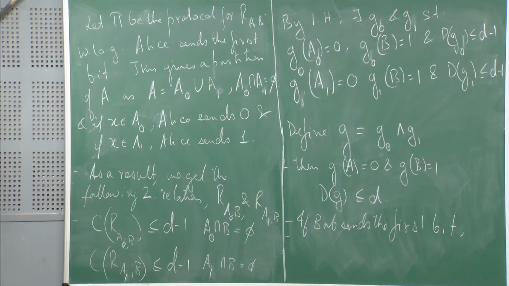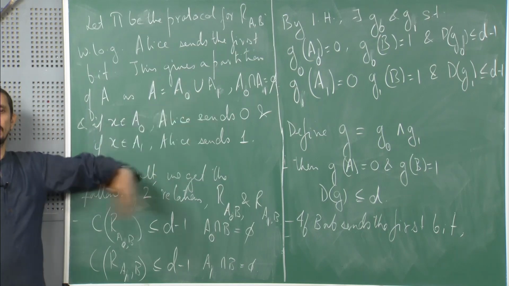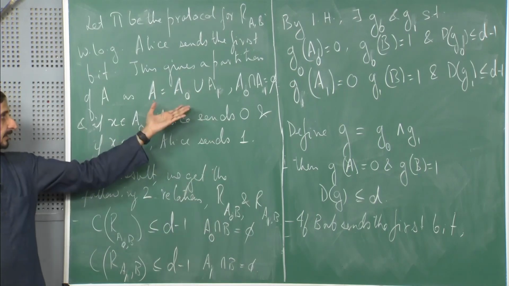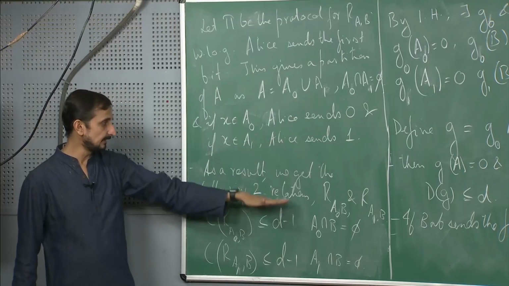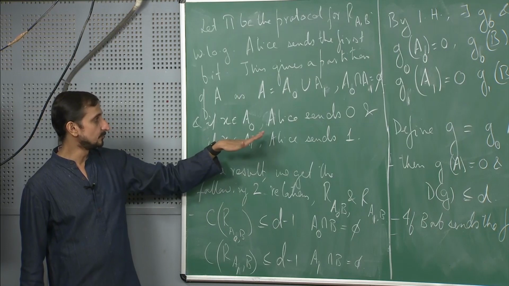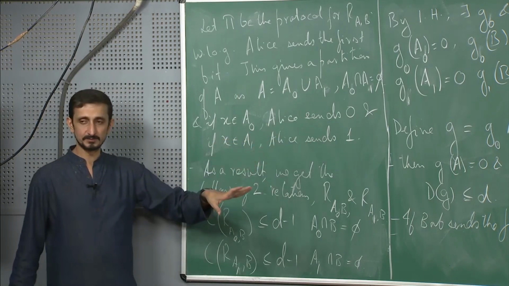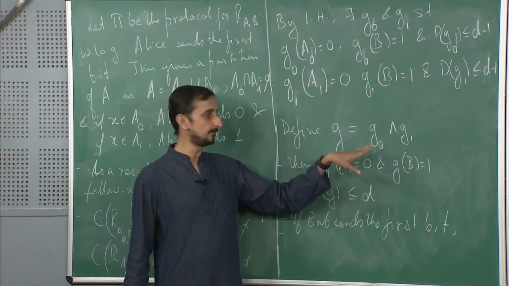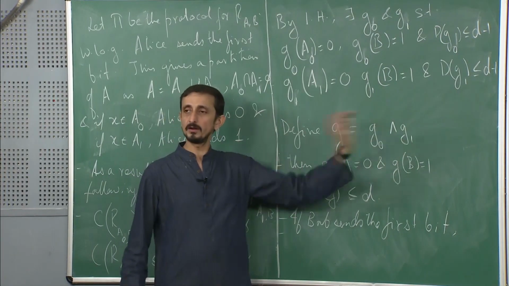Yes, it is symmetric, but what exactly do you need to do? Now instead of A, B is getting split because it is Bob who is taking the decision. So we have a partition of B into B0, B1. Everything else is the same. Now if X belongs to B0, Bob sends a 0, else Bob sends a 1. And finally, the function G that you compute will be G0 or G1.